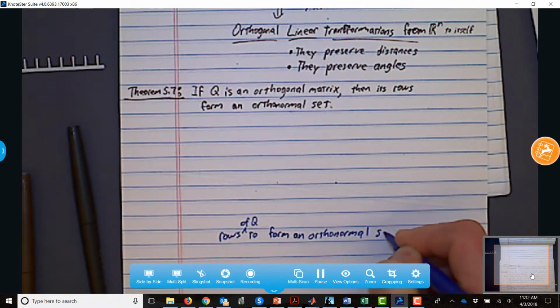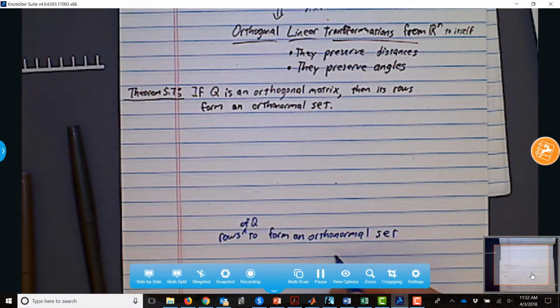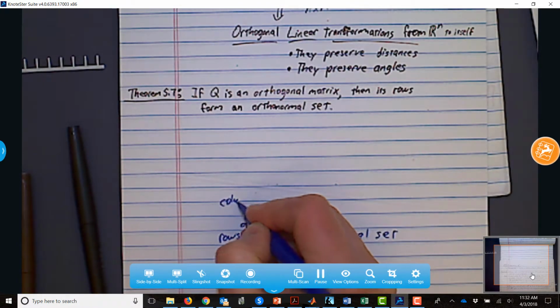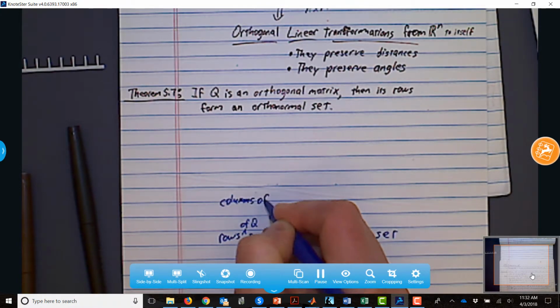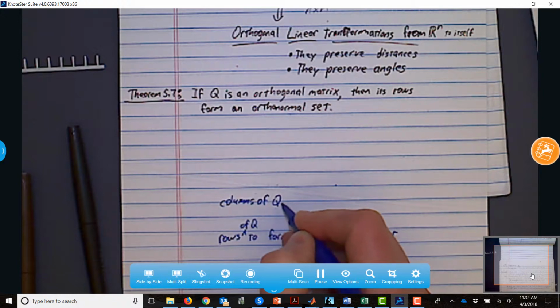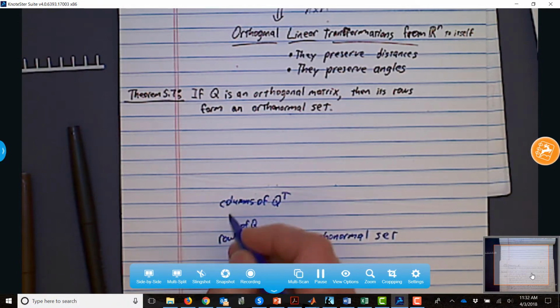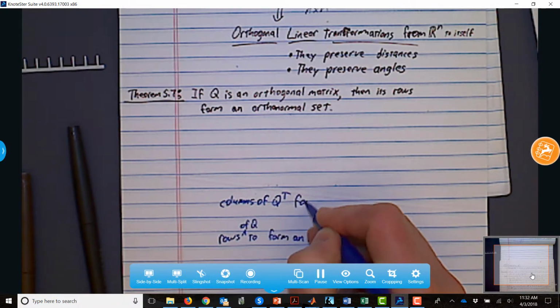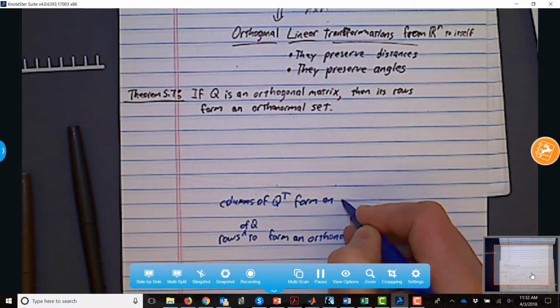Now I claim that that's the same as the columns of what? The rows of Q are the same as the columns of Q transpose. So if I could show that the columns of Q transpose form an orthonormal set, then I'd have it.